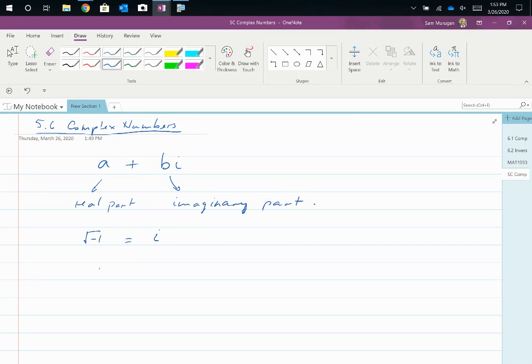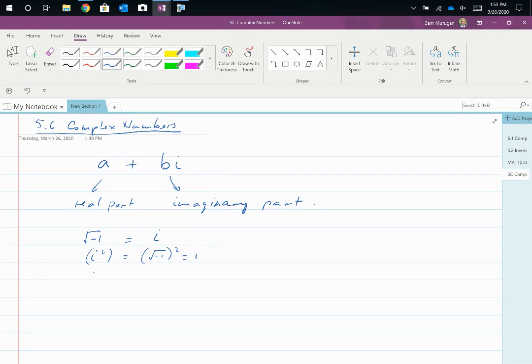For example, i squared would be the square root of -1 squared, which would be -1.